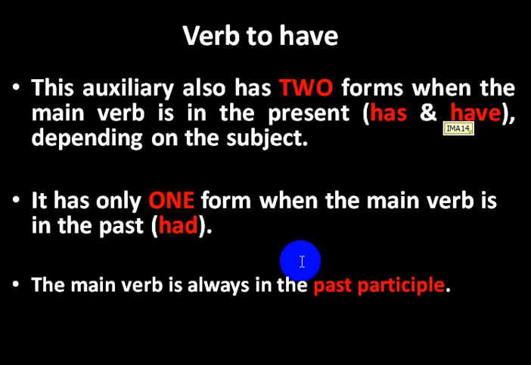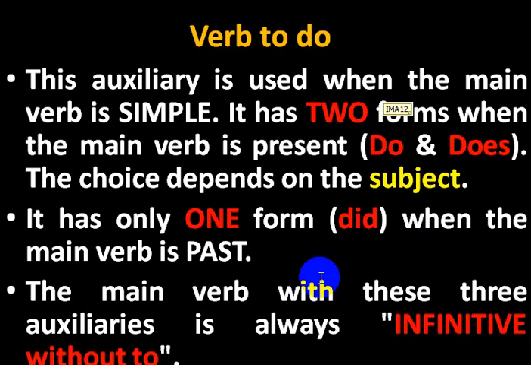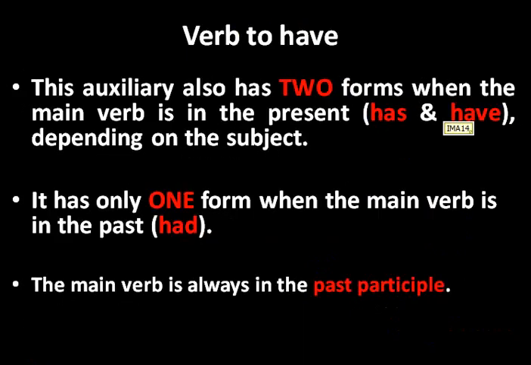While the main verb with verb to do should be in its simple form. There is no s, no suffixes to be added to it. It's the basic form without to. With verb to have, if you have has, have or had as auxiliary verbs, in this case the following verb should be in its past participle form.